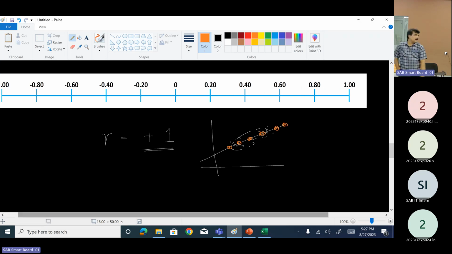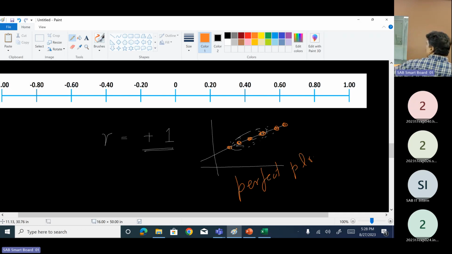So you can't have anything better than that. So that's a perfect fit, right? So if your R value is exactly 1, then it is perfect positive linear relationship. R equals 1 means perfect positive relationship.